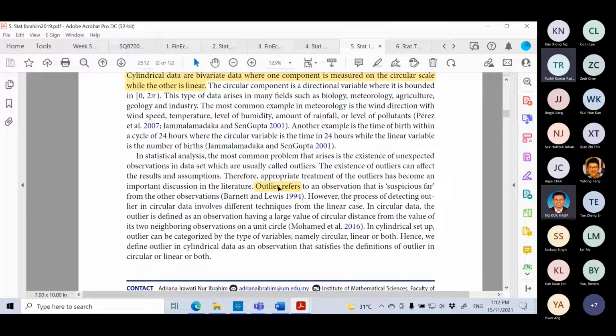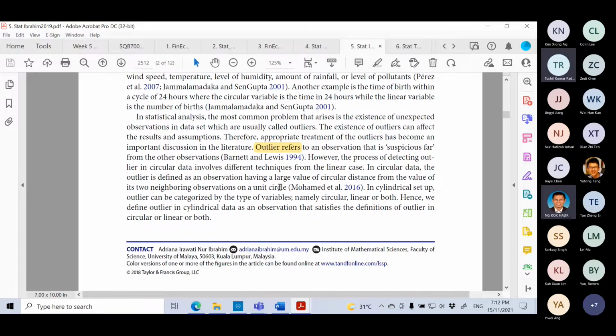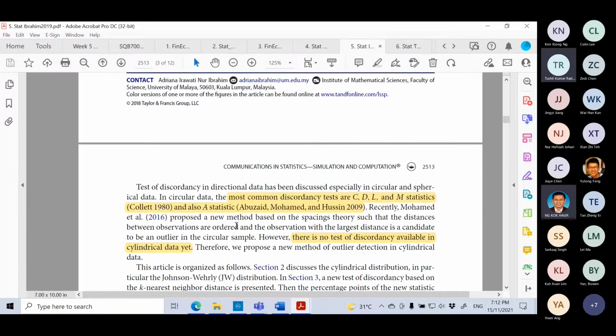Then what else do they need to review? In this particular topic, they need to cover some commonly used tests. What are the existing tests for outliers using the k nearest neighbor distance or other techniques? They mention that tests for directional data are given by these authors, and only a limited number of authors have studied tests here.